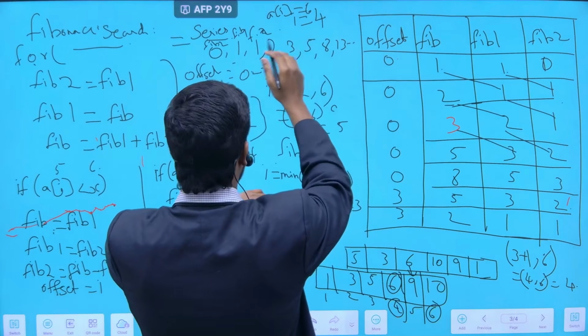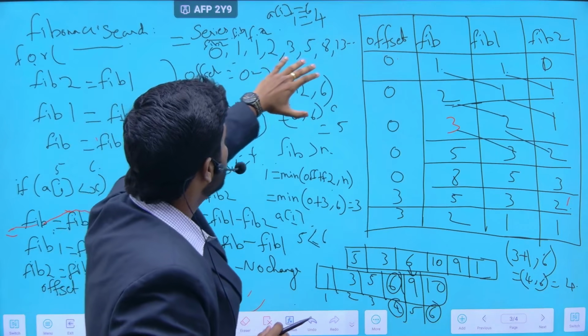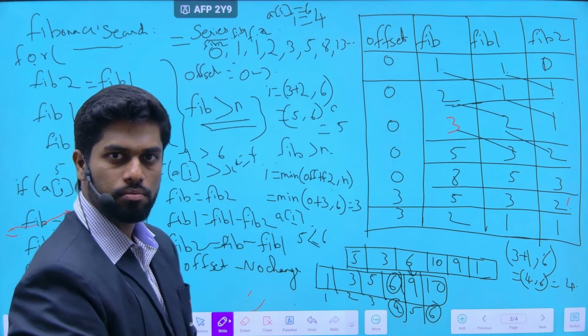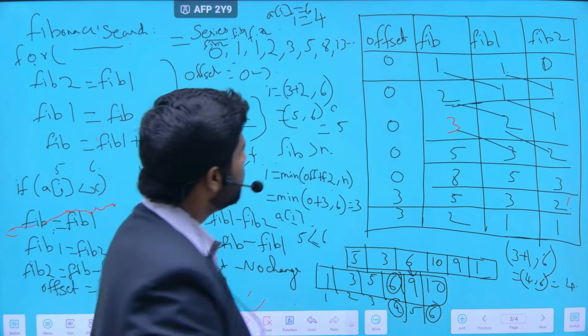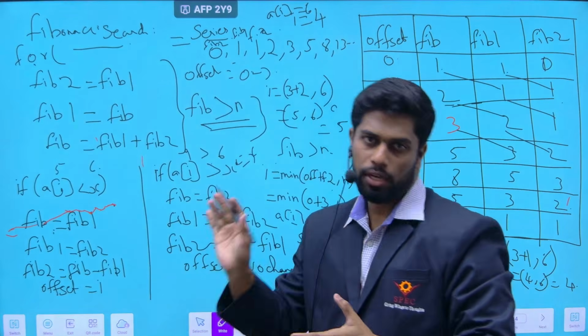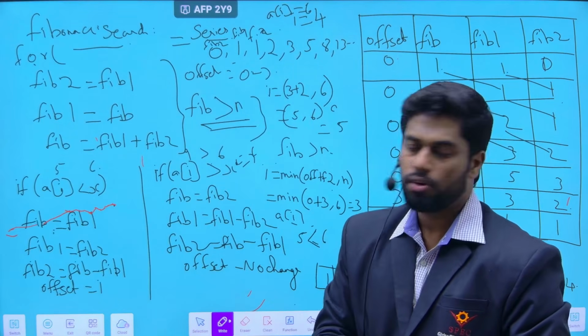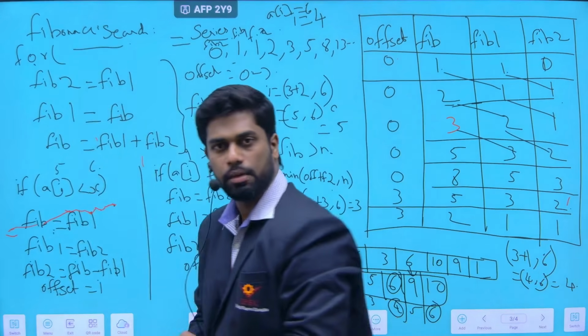So for Fibonacci search, you need to know the Fibonacci series first. After having this Fibonacci series, you need to know these formulas for coding purposes. For coding, we need to use looping statements.